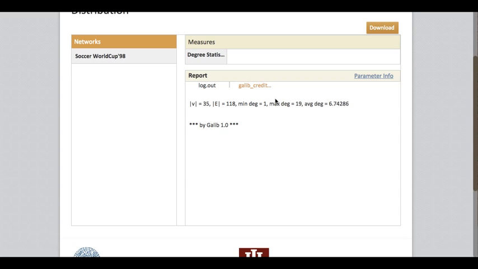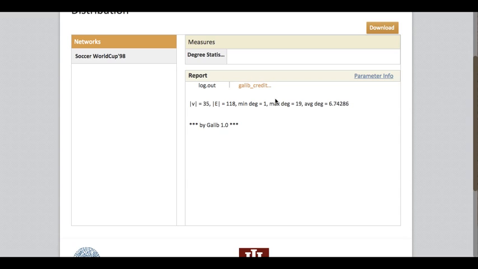The results for degree. Number of vertices, I have 35 of them. Edges, I know that already, 118.